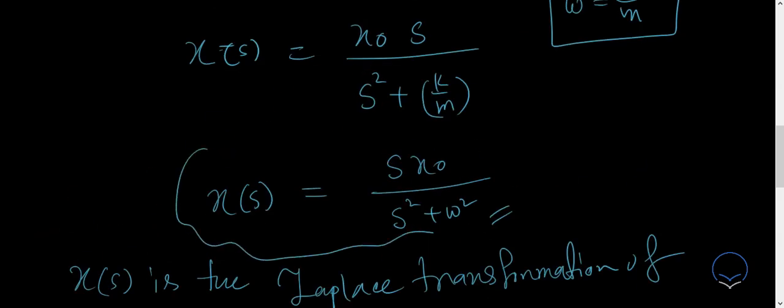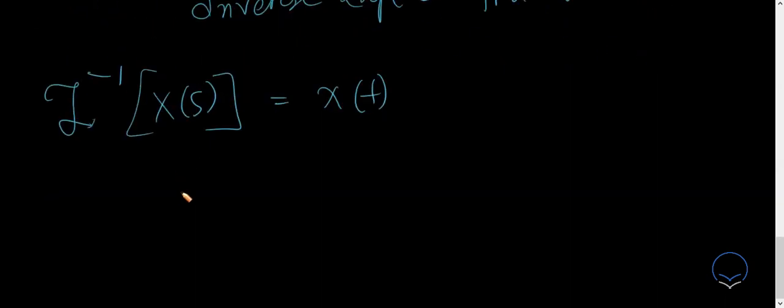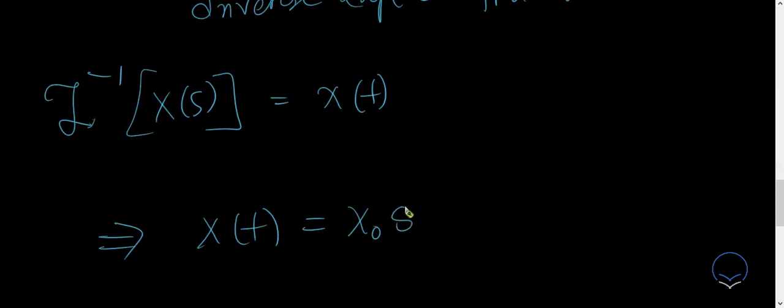This is the function of interest, and if you do this inversion, you will get X of t as x0 cos omega t, which is a pretty familiar solution to each and every one of you.